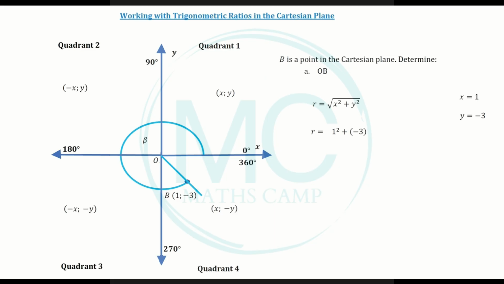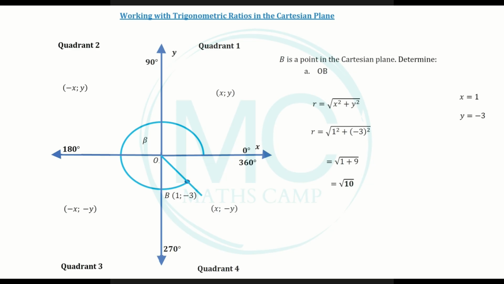Let's put it into a bracket, squared, all under square root. Now we can square our terms. 1 squared is still 1, plus negative 3 squared, which gives us 9, all under square root. Finally, 1 plus 9 gives us 10. So we get an answer of root 10.